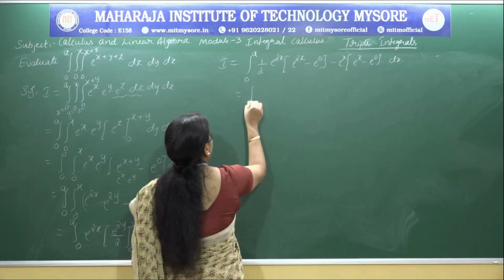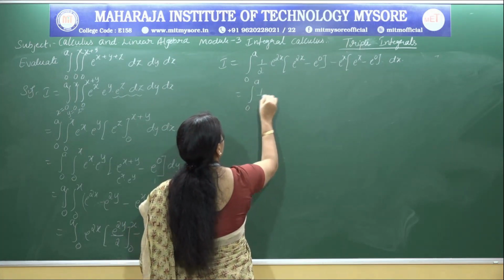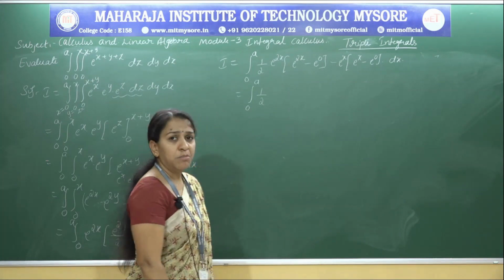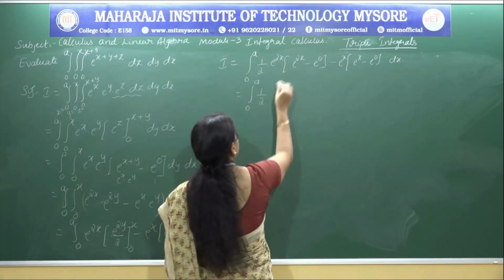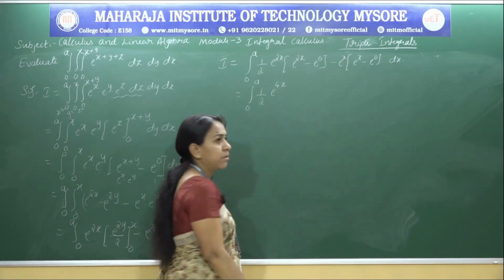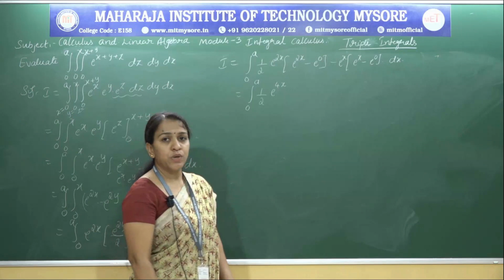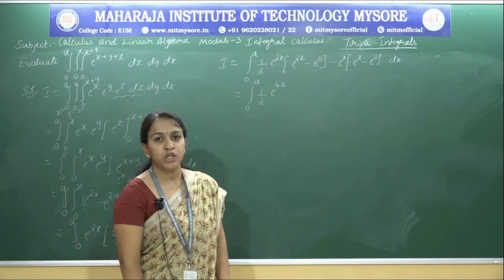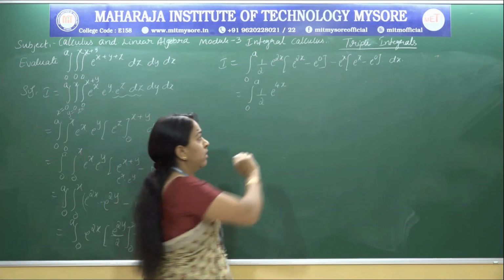Now simplify that. Integral 0 to a, 1 by 2 into multiply by e power 2x. E power 2x into e power 2x is e to the power of 4x. We should add the powers, right? 2x plus 2x is 4x. Then 1 by 2 times e power 0. E power 0 is 1.